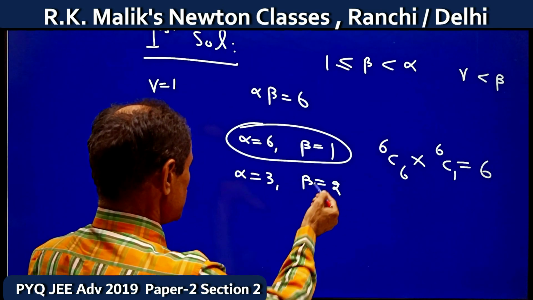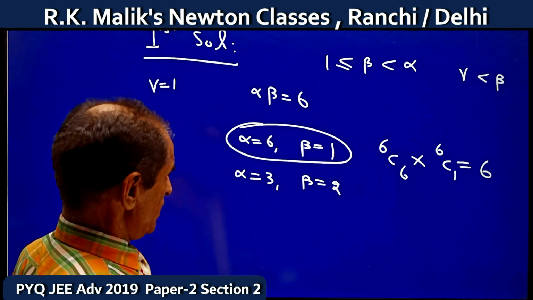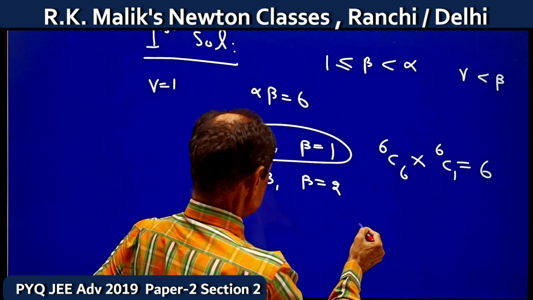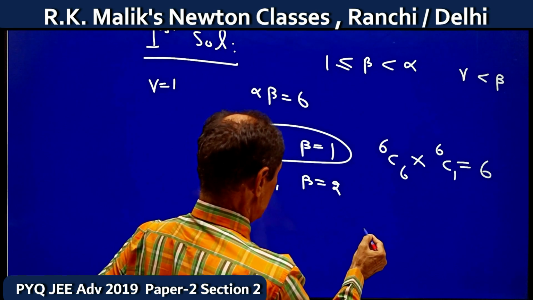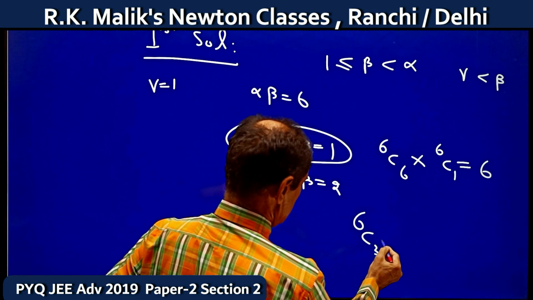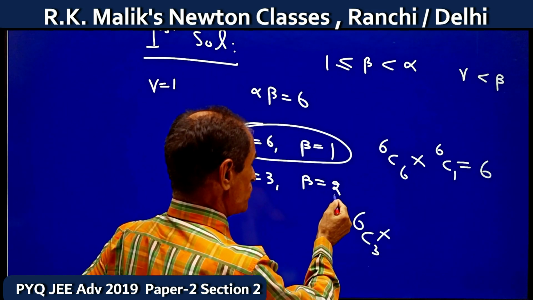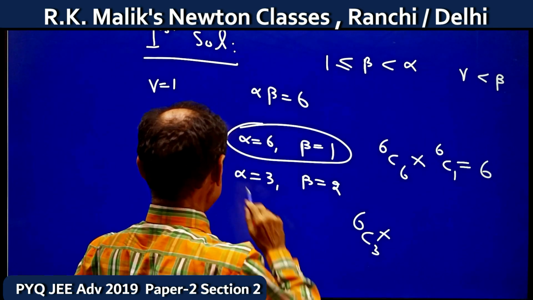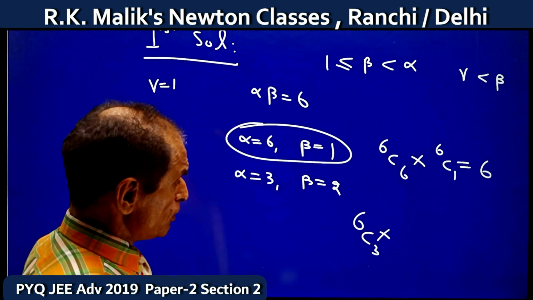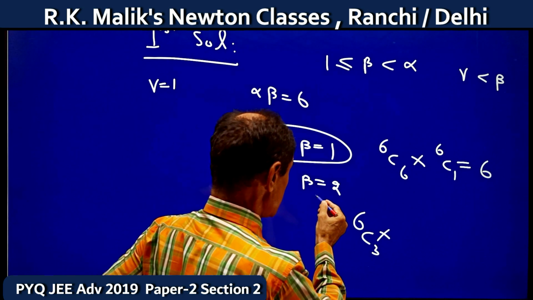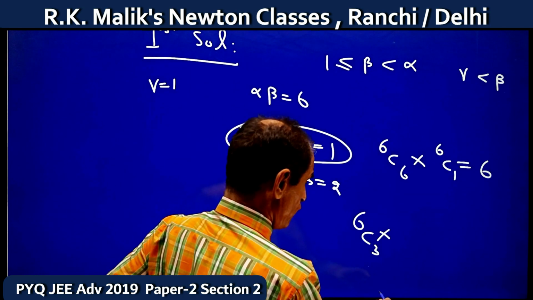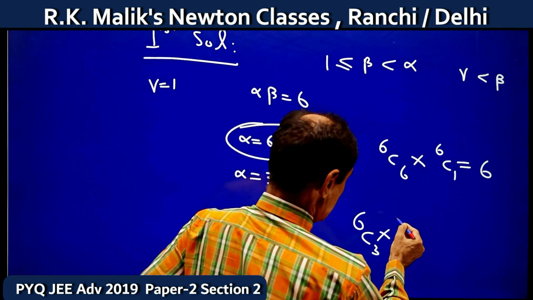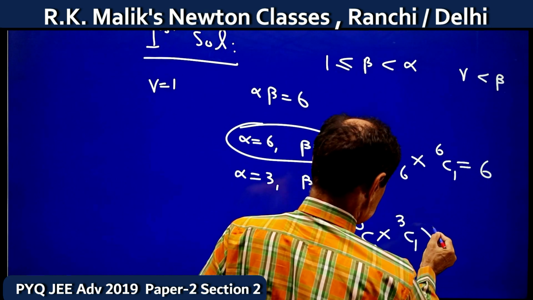And in this case, the number of ways in which the sets A and B can be made is, first I will choose 3 elements for making the set A. This I can do in 6C3 number of ways. And beta equal to 2 means I want B to contain 2 elements. And because one element is required to be common, for making the set B, I will choose one element from these 3 elements which are in A. That I can do in 3C1 number of ways.